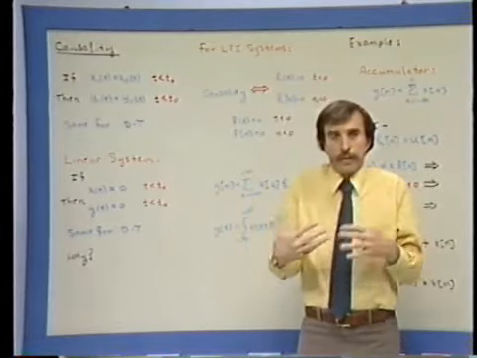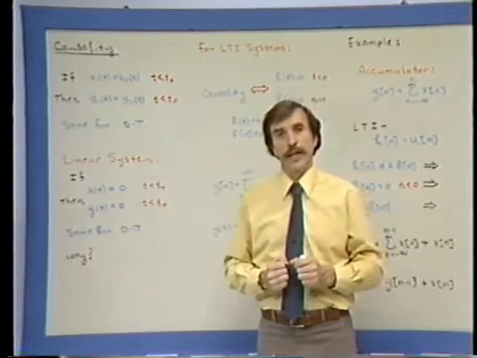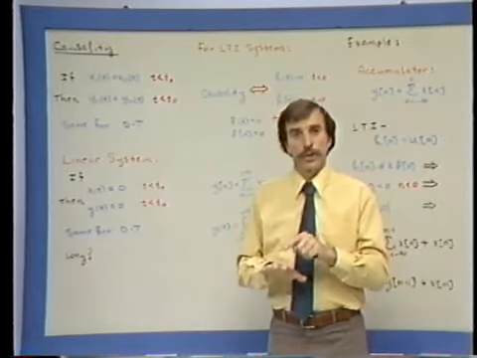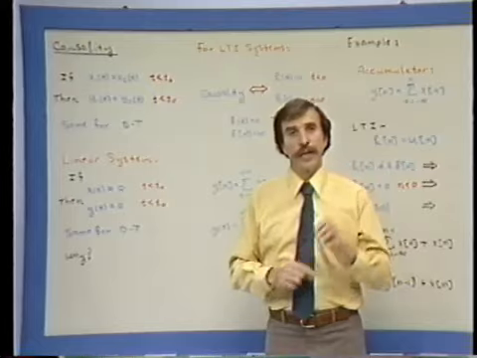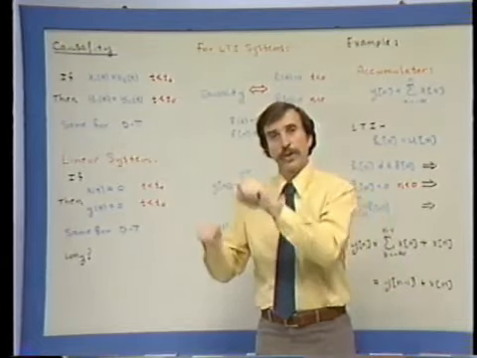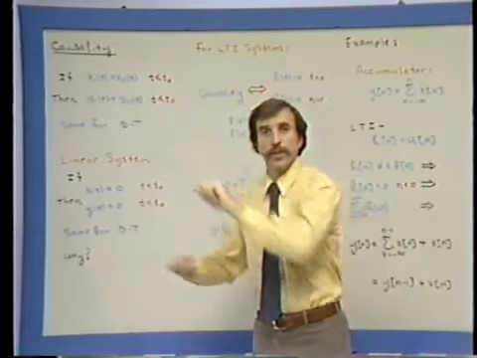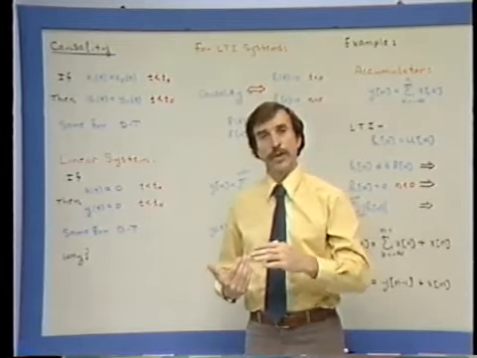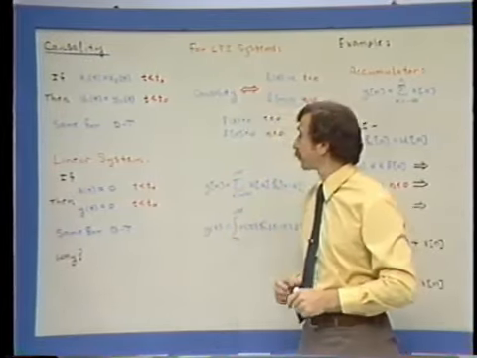The reason, kind of intuitively, is that if the system is causal, so it can't anticipate the future, it can't anticipate whether these two identical inputs are sometime later going to change from each other or not.